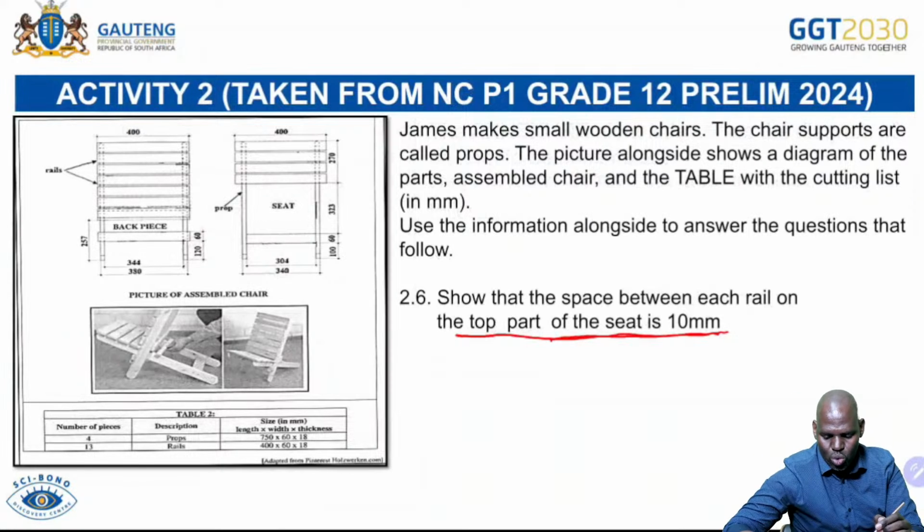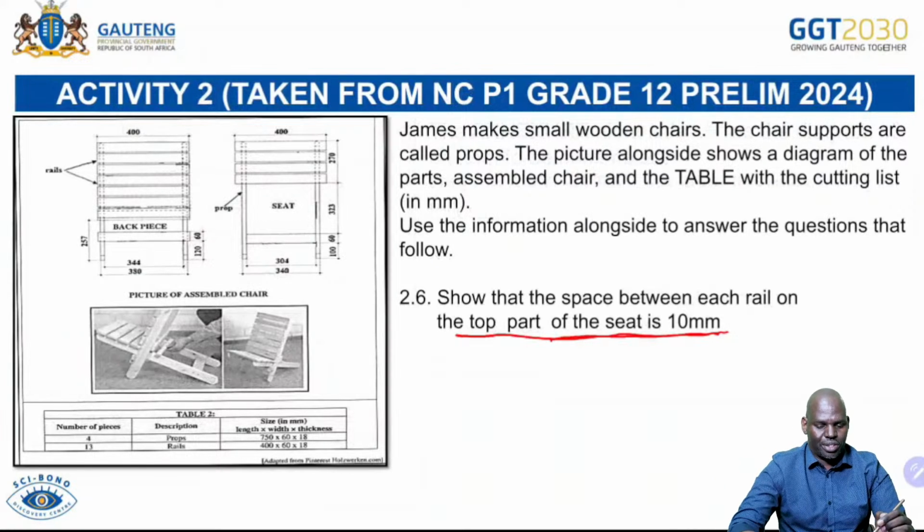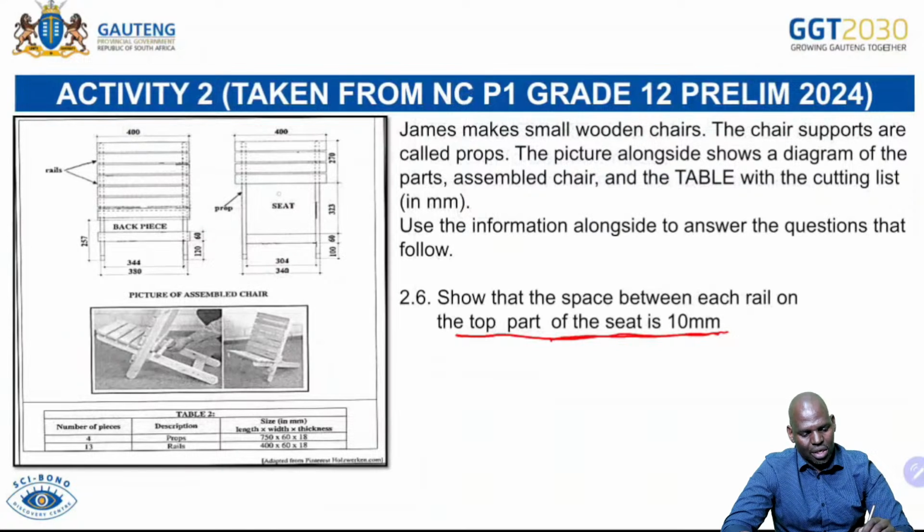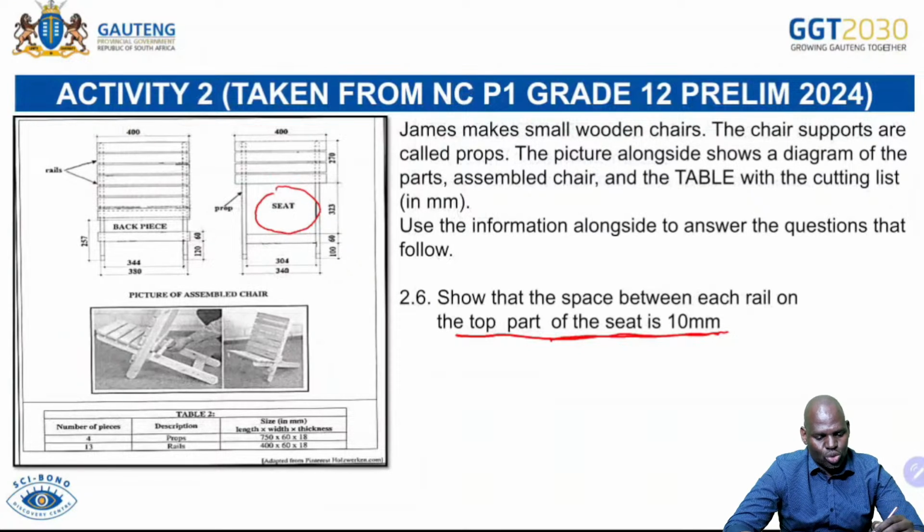Okay, then if we go and look on the pictures, you can see that this is the seat, okay? And then they say we must indicate the spaces. So this is one rail, this is the second one, this is the third one, this is the fourth one. Okay, there are 4 of them there.